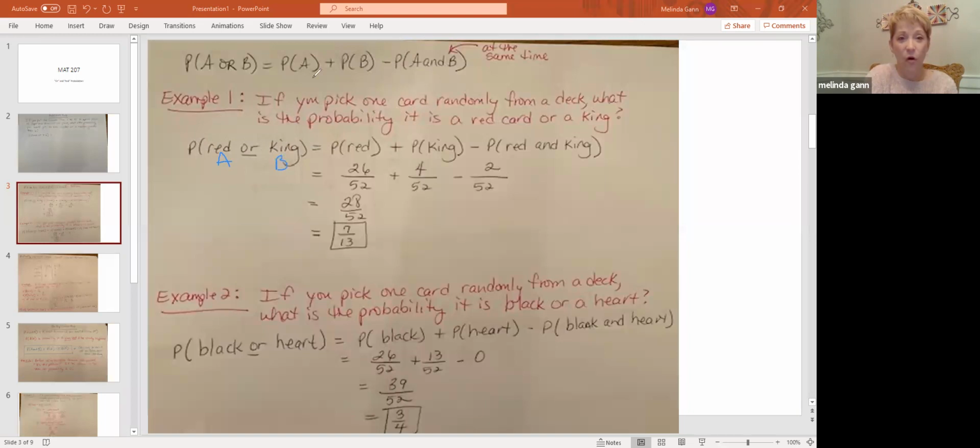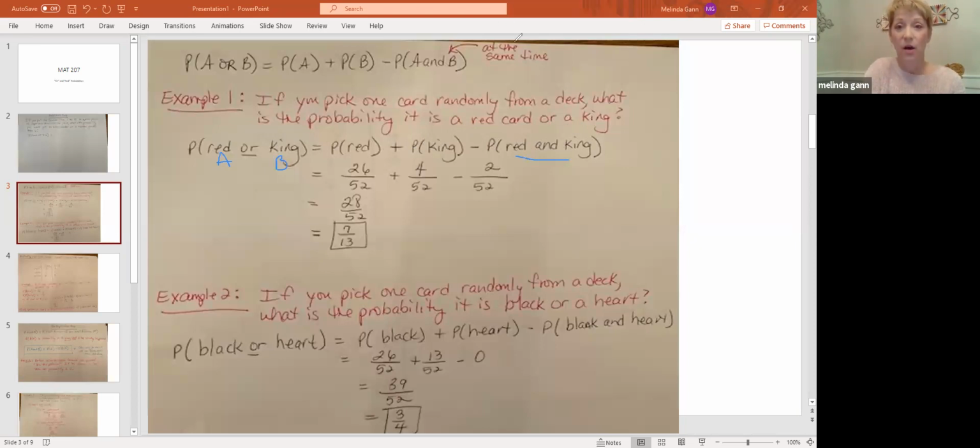My formula says the probability of just A, red, plus the probability of just B by itself, the king, minus the probability that you can have both at the same time. It's real important that you understand that the and in this formula means at the same time.